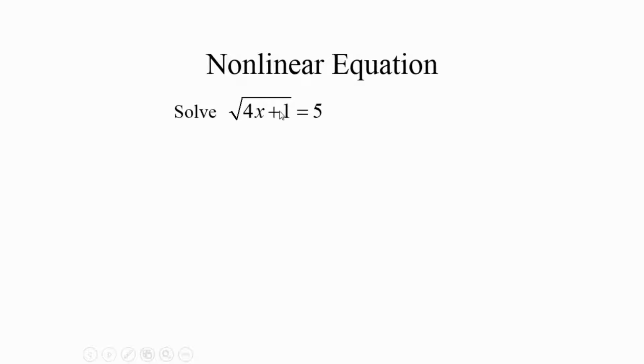Square root of 4x plus 1 equal to 5, right? One way to solve it is to square both sides. When you square both sides, the equality should remain the same.